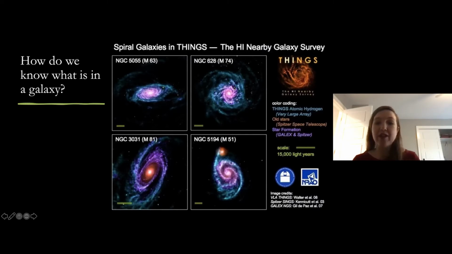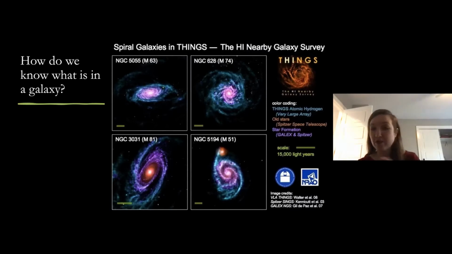Okay, so zooming out, what I'm showing with these images is that when we're trying to learn about galaxies, these collections of stars, gas, and dust, the way we learn about the components of the galaxy is by looking at these different types of light, because the different types of light are emitted by different parts or different types of objects in that galaxy.